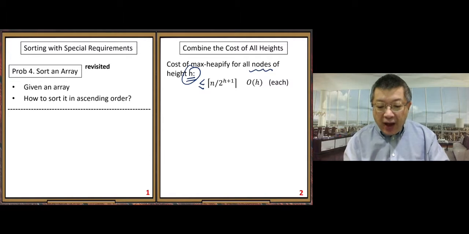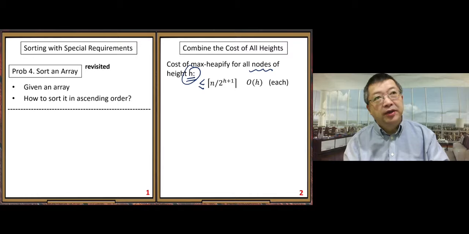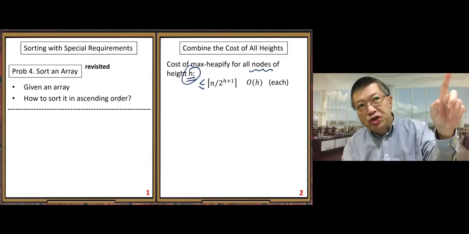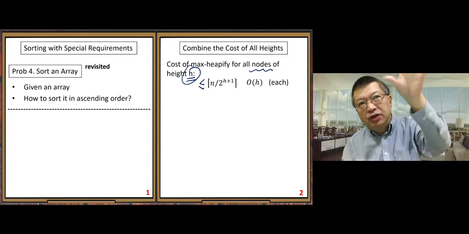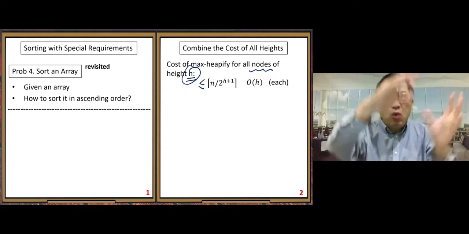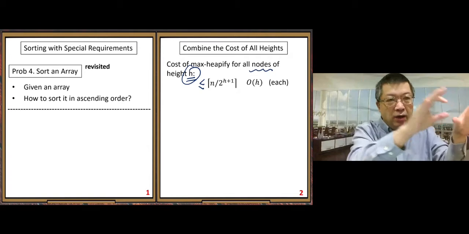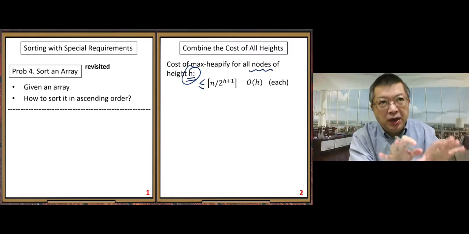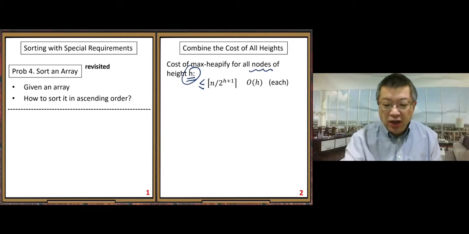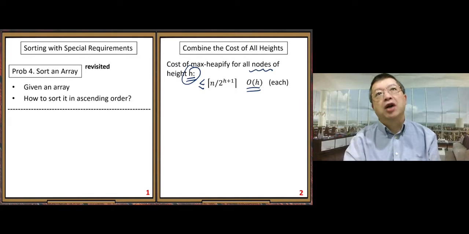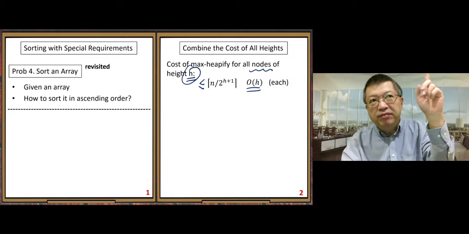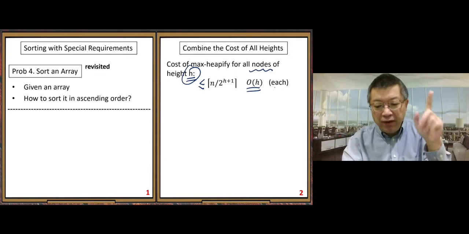All right, so then the building cost for each such node. After we do the swap operation, moving down to the leaf, you can see we need to pay this much, big O of h cost. Each one we need to pay big O of h.